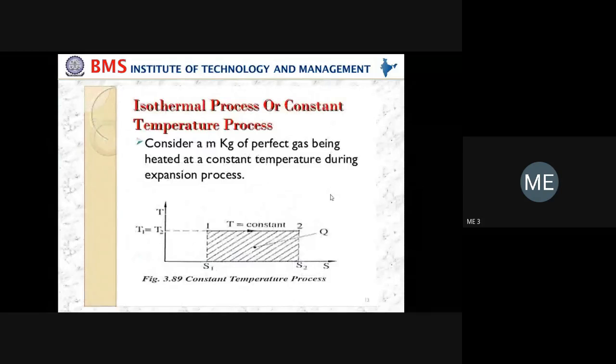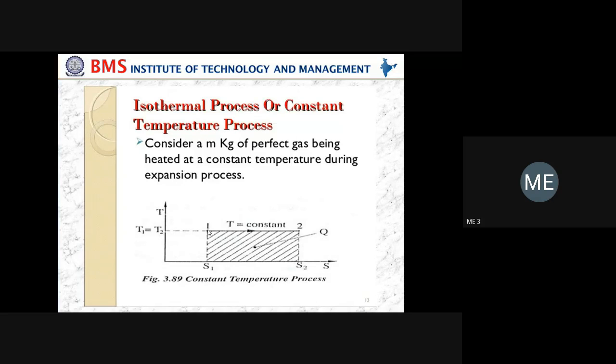Next, the isothermal process. How do we get the nature of the curve in an isothermal process? It is a parabolic curve in the PV diagram. In the TS diagram, isothermal process means the temperature remains the same, with no change in temperature. That is why we represent it as a horizontal straight line, because T is our y coordinate.